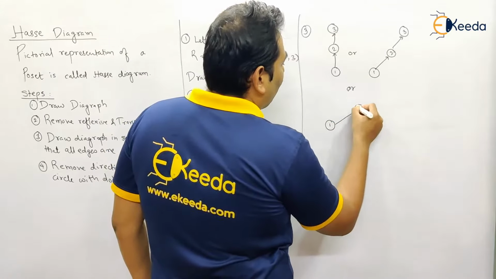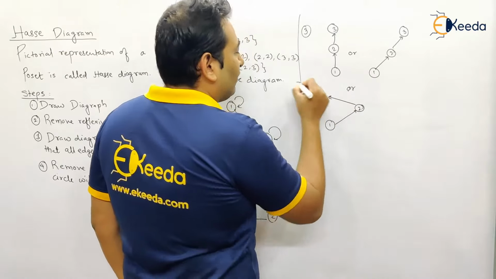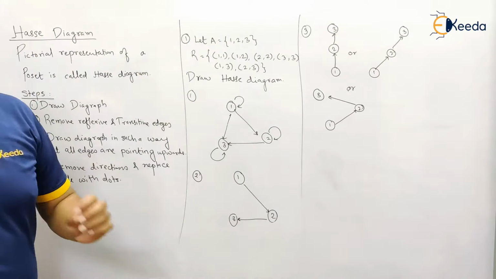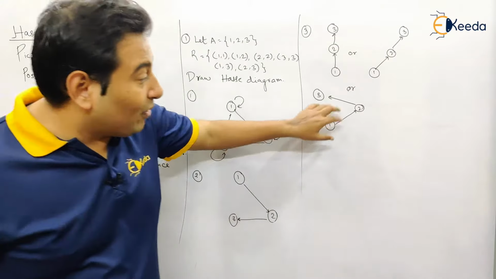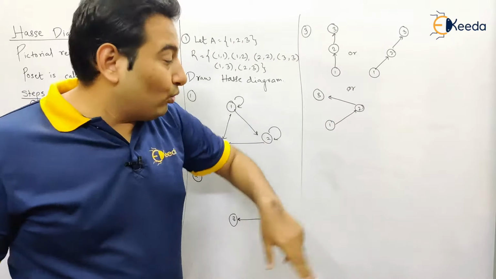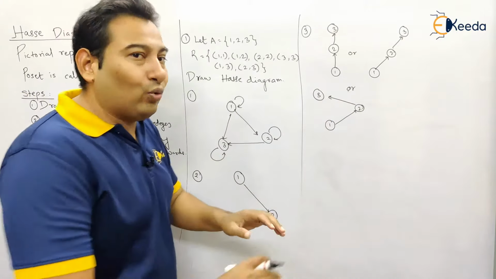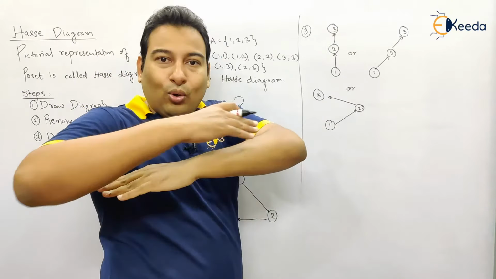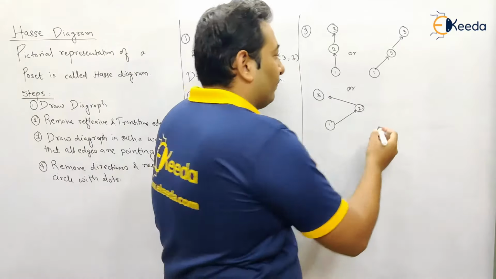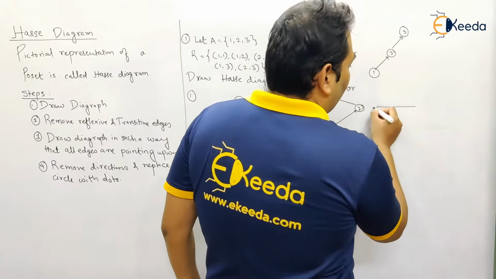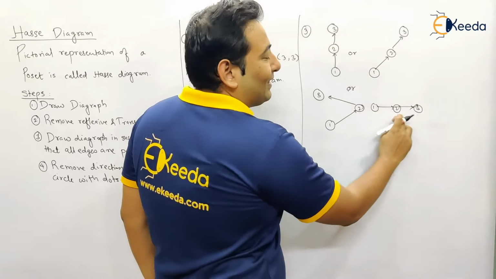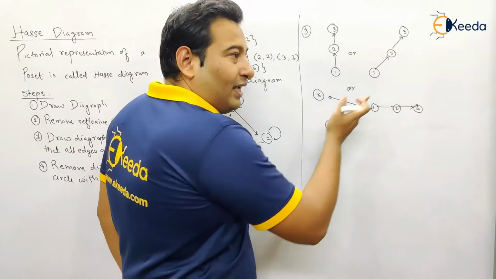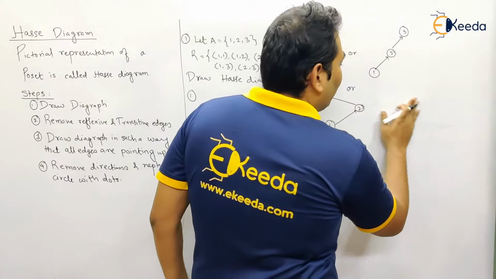You can draw a Hasse diagram as per your convenience, but make sure that all the edges are pointing upwards. By looking at this diagram, you can surely say 1 to 2 and 2 to 3. You cannot have two elements on the same line. It's not allowed. Why? Because here the arrows are not pointing upwards. All the arrows should point upwards.